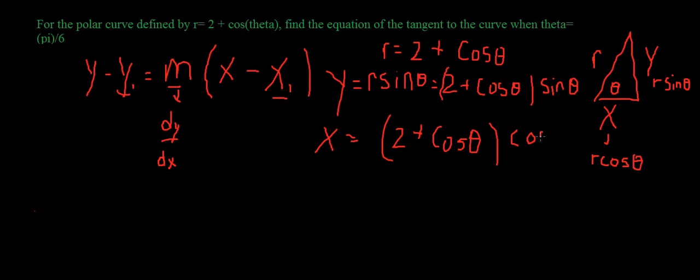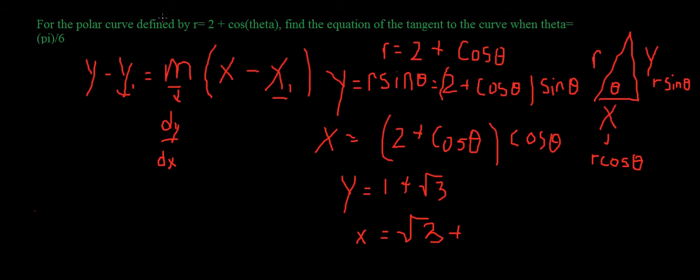So basically we plug in pi over 6 for y and x, and you'll get y equal to 1 plus square root of 3, and x equal to square root of 3 plus 3/4.